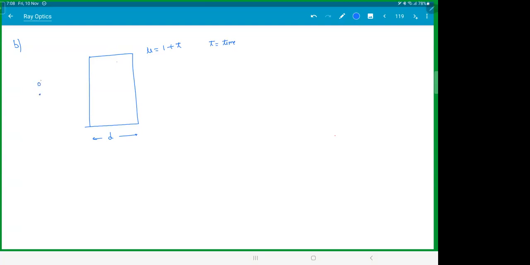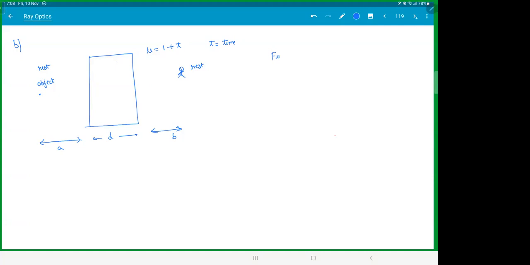Object is here. Let's say this is A. Observer is here. This is B. We'll keep it simple. Object is at rest. Observer is also at rest. But the refractive index is changing.